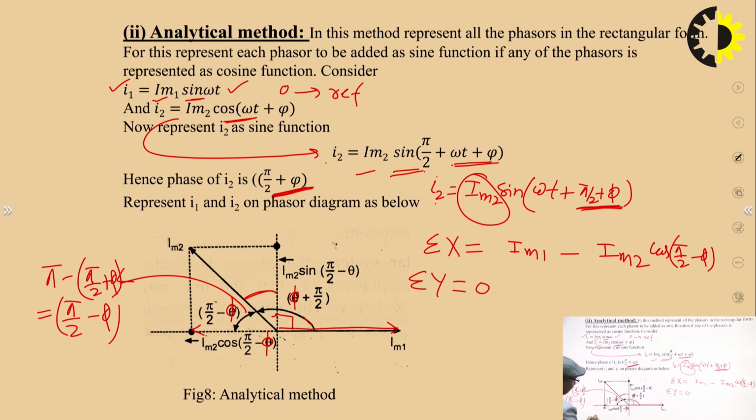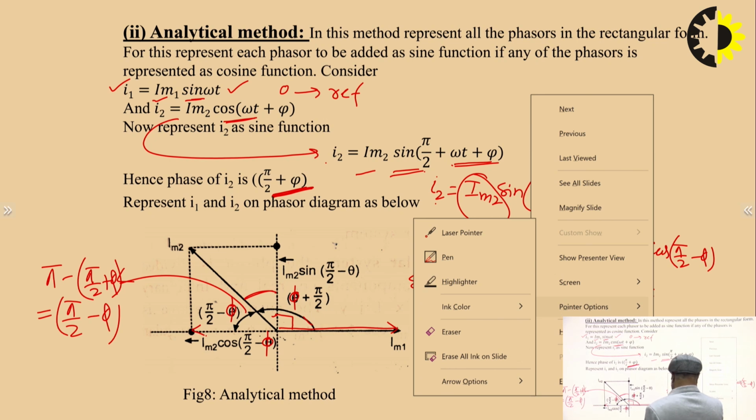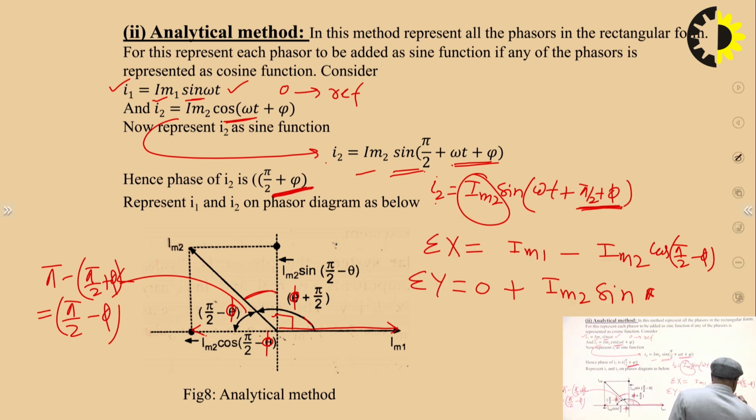This component will be capital IM2 sine of pi by 2 minus phi, right. So this is the y component of IM2 along the y axis.